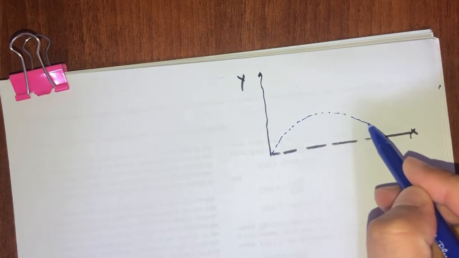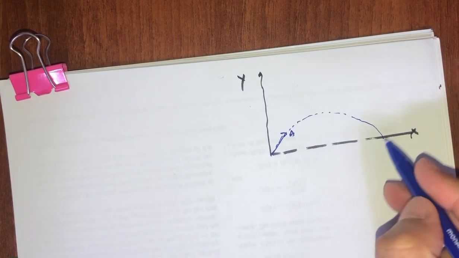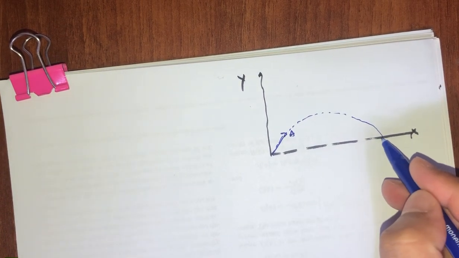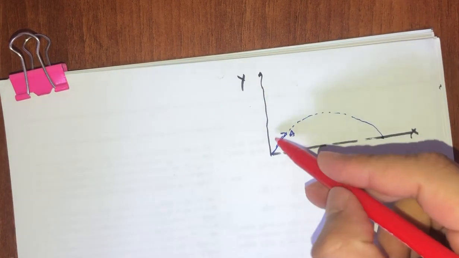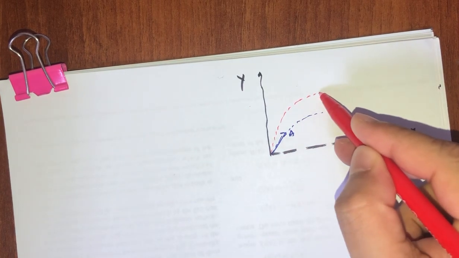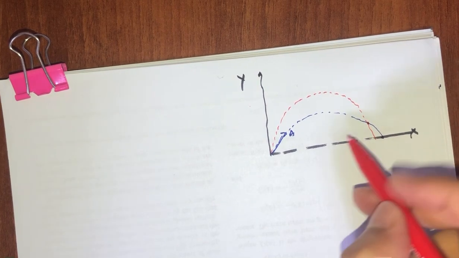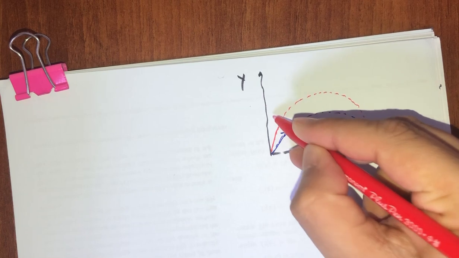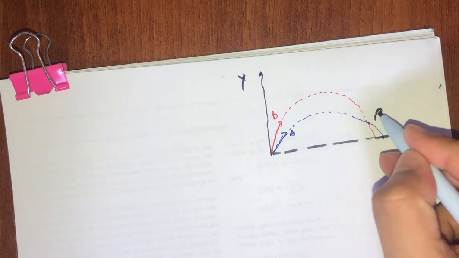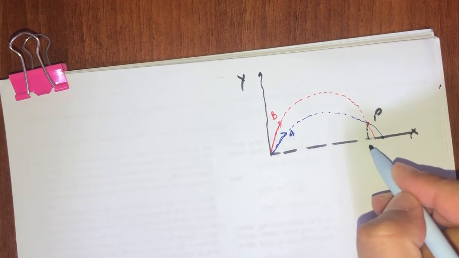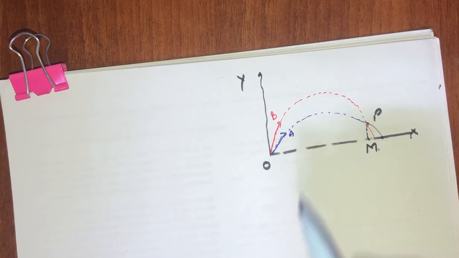Let us consider this is particle A, and it strikes at this point, and let us consider another particle, particle B, and it strikes the common point. The common point is given as P, and this is the vertical distance of both the particles. Let us call this point M, and this is the initial coordinate O.